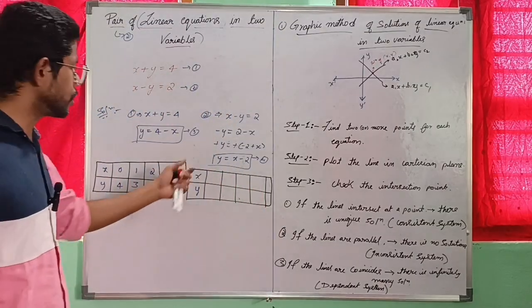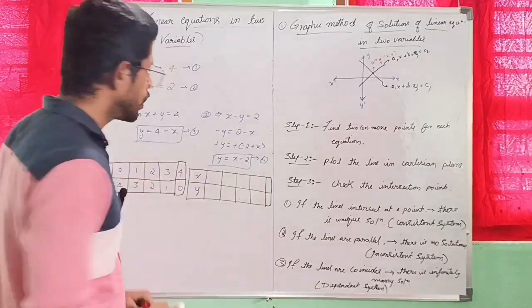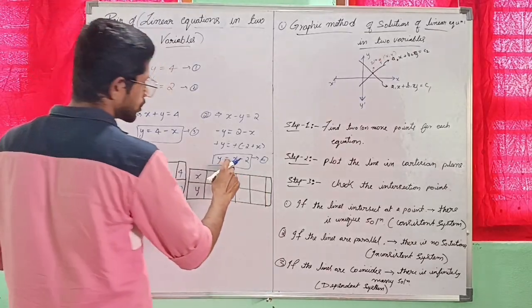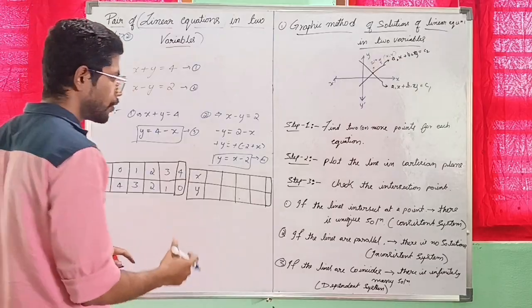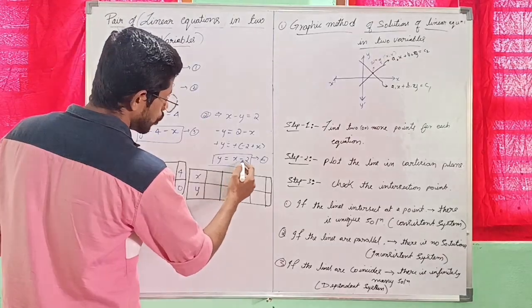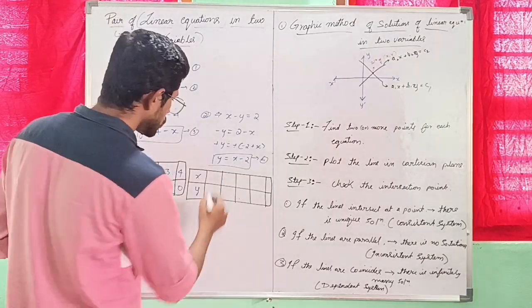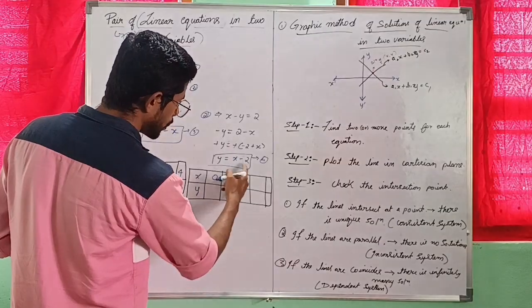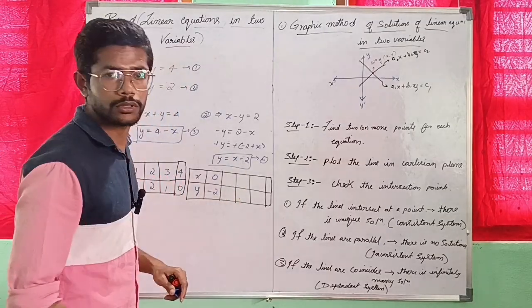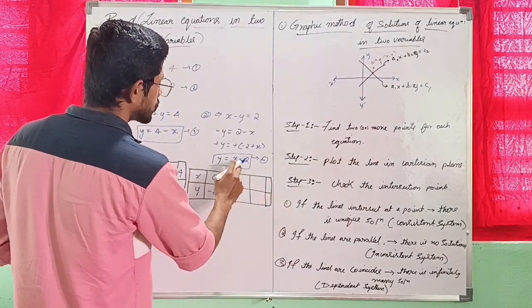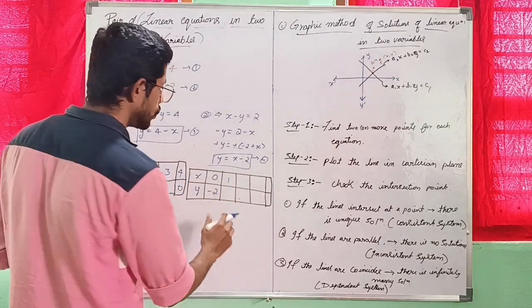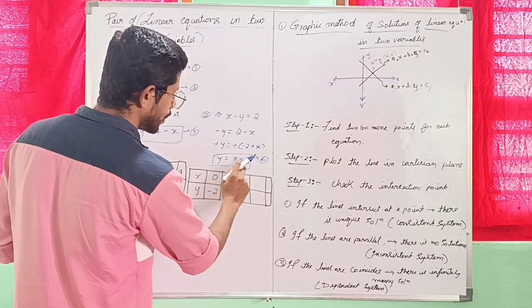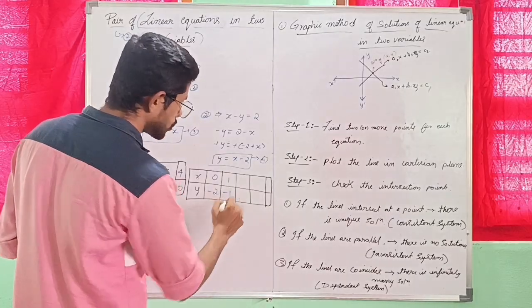Now let's come to equation 4. When I substitute x is equal to 0, what is the y value? 0 minus 2 is minus 2, right? When I take x as 1, y is 1 minus 2, which is minus 1.